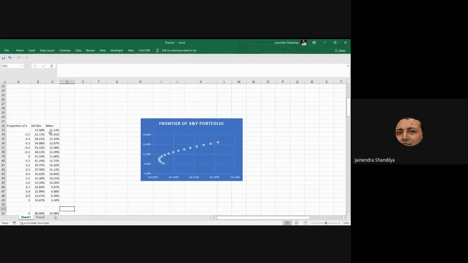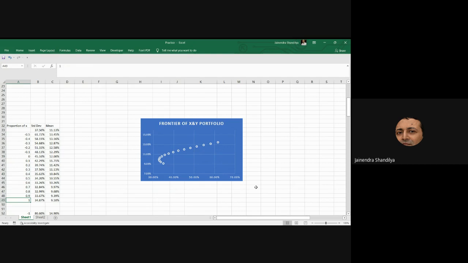What I'm doing here is changing the proportion of X, starting from negative, and then getting the standard deviation, and the formula, as you know, is the mean of X return with its weight plus 1 minus W1 into the return of Y. From minus 0.5 and increasing from there on, I come to 0 and then I come to 1. I can keep on increasing this.